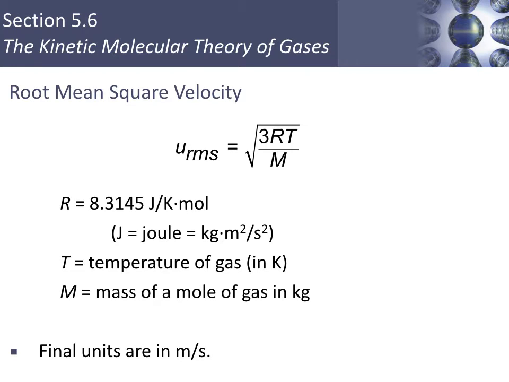These aren't specifically something you have to memorize, although you will have to know which R to use when. In this case, we're going to use the R that incorporates joules into the unit. So that's 3 times R times temperature in Kelvin over the mass of the gas. Importantly, the mass needs to be in kilograms, because that is how our R value units play out. The final units of a root mean square problem are in meters per second.